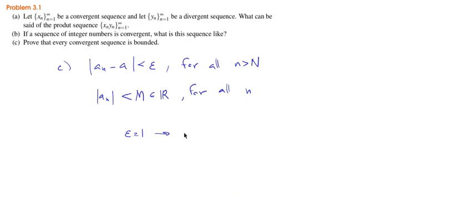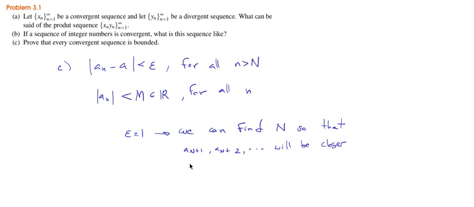Then we can find an N so that a_(N+1), a_(N+2), and so on, all of these numbers will be closer to the limit a than 1. So in other words, |a_n - a| is smaller than 1.